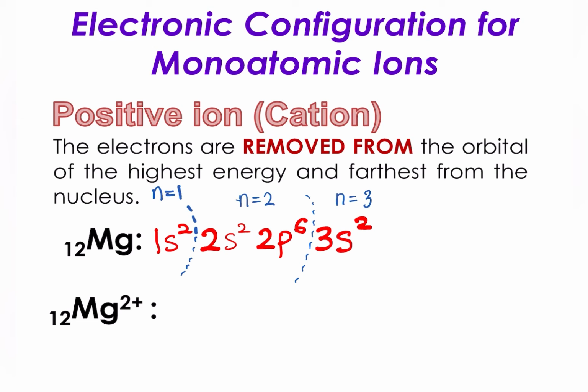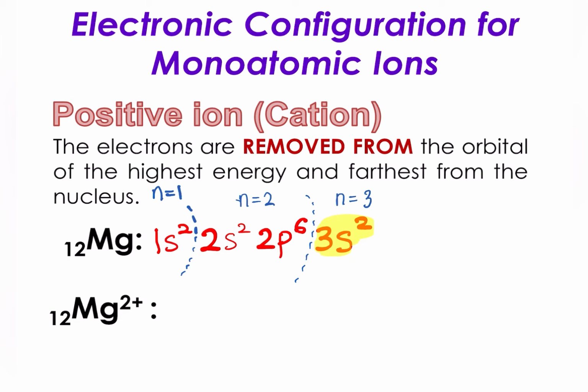So maknanya kita boleh tentukan shell untuk atom tersebut. So maknanya n equals to 3 adalah shell yang ketiga. So dalam shell yang ketiga kita akan remove 2 electrons. So it means that I will remove my electrons from 3s.